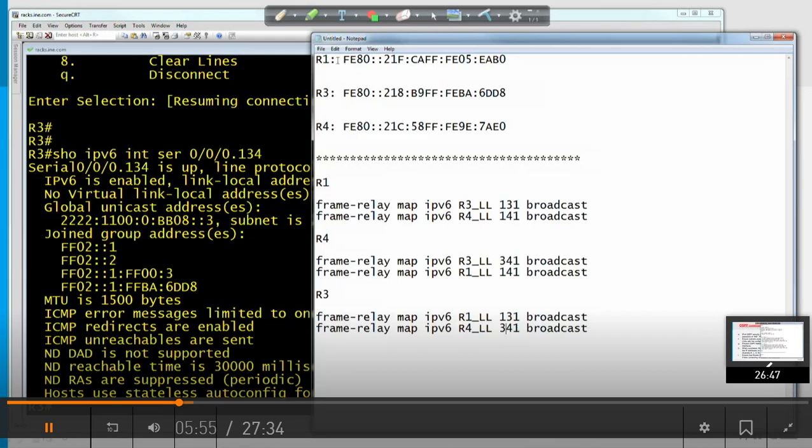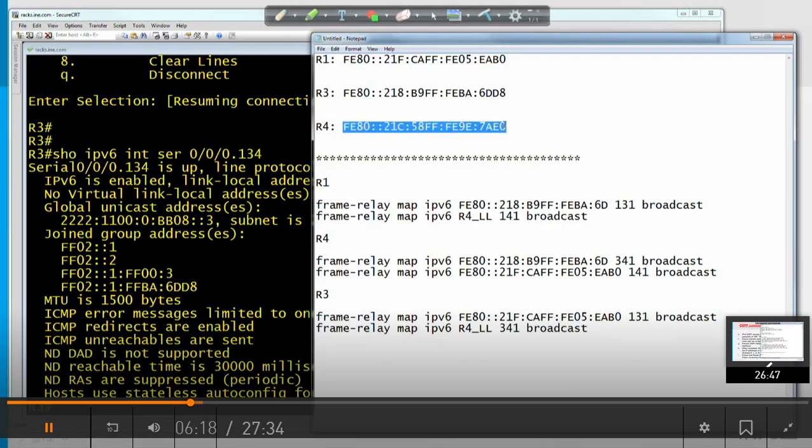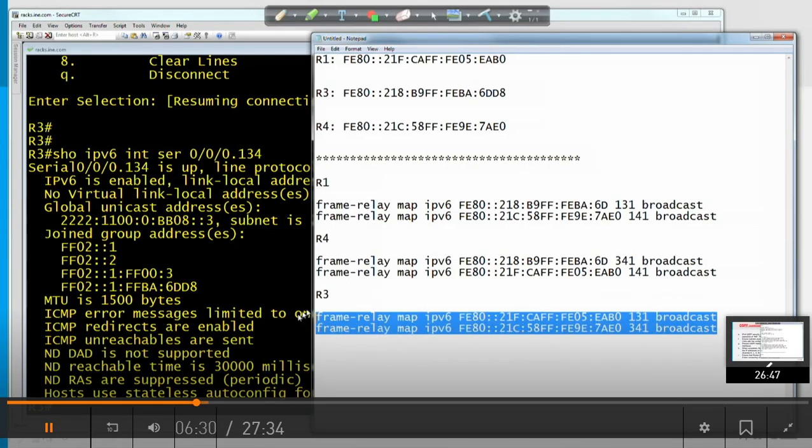Okay, now I just got to put these in here. So R1, R3, and R4. Okay, so I'm currently in R3 already, so let's go ahead and do this one.